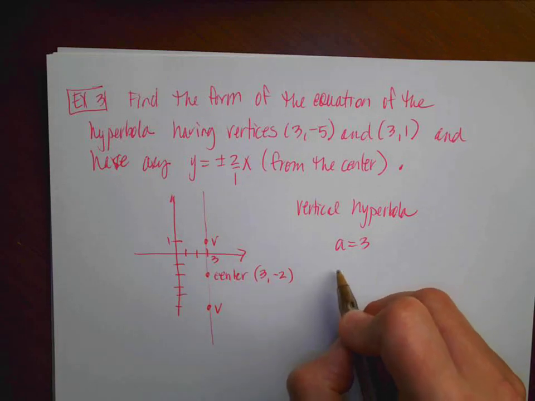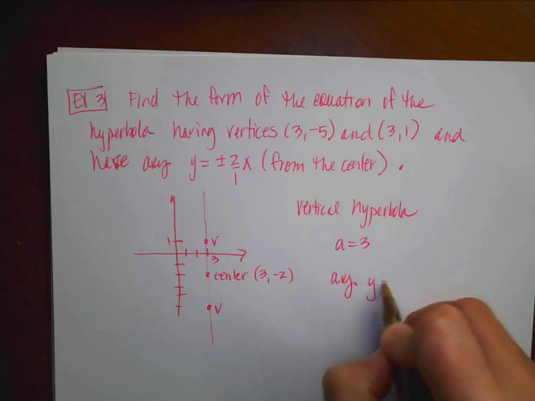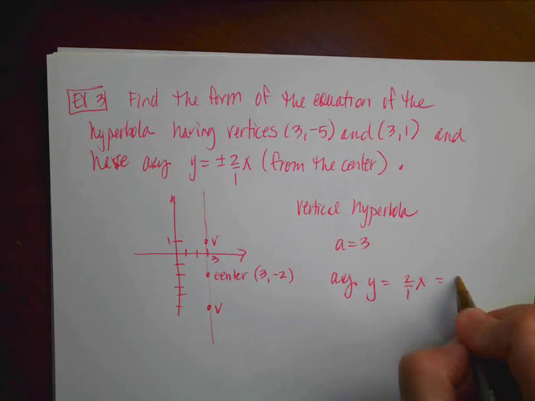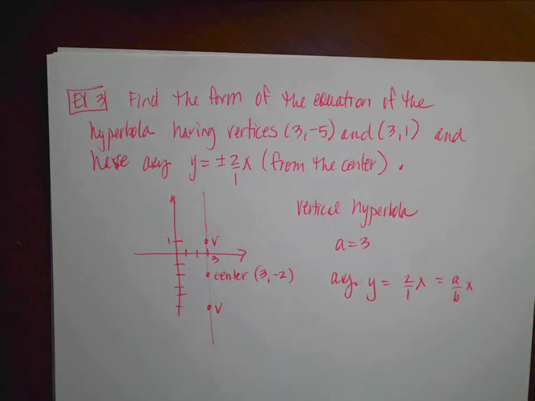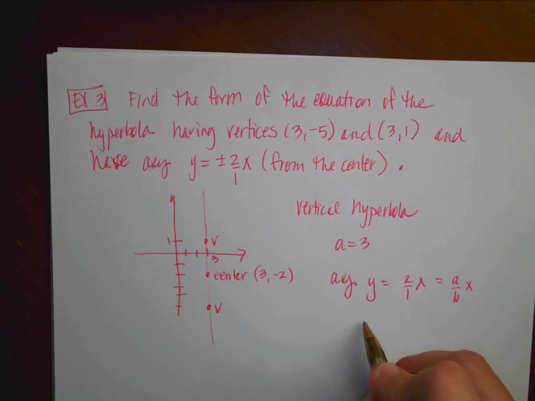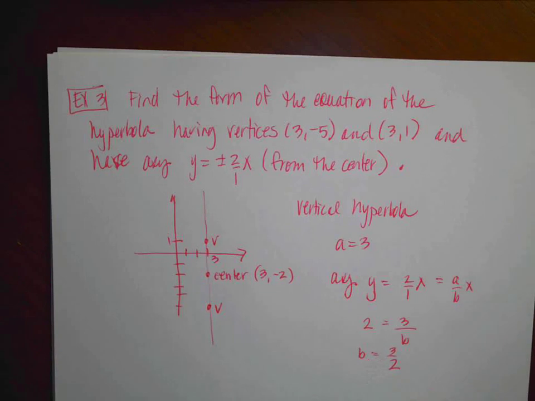And I know that this is kind of an interesting situation. They give you that my asymptotes are y is equal to 2 over 1 x, which is a over b x. Well, if I put my y value of 2 is equal to 3, there's my a over my b, okay?